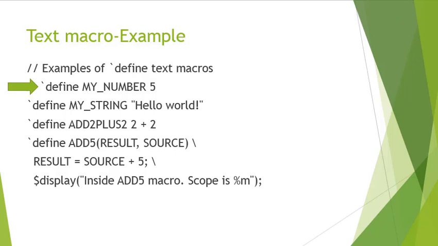In the second line, we write apostrophe define, the name of the macro, and the value. This macro is declared globally. If you want to change the value of my number, you can change it here, and the change is automatically reflected through the entire program. This is one advantage of text macros.